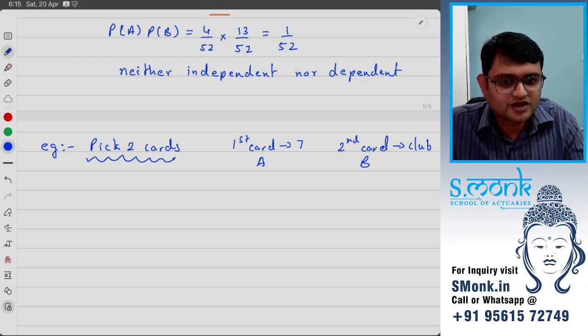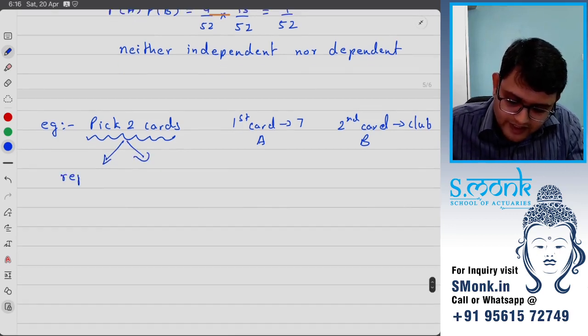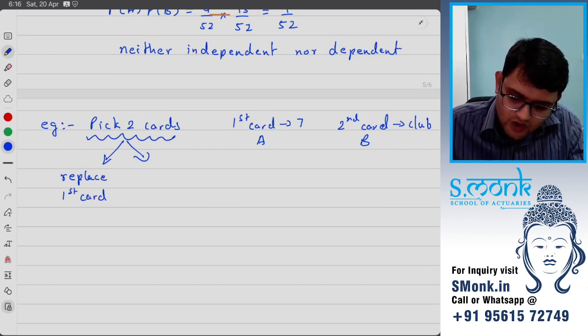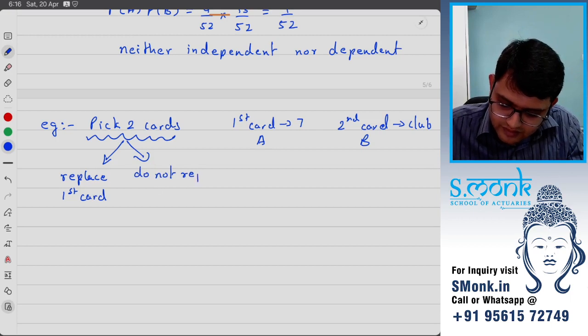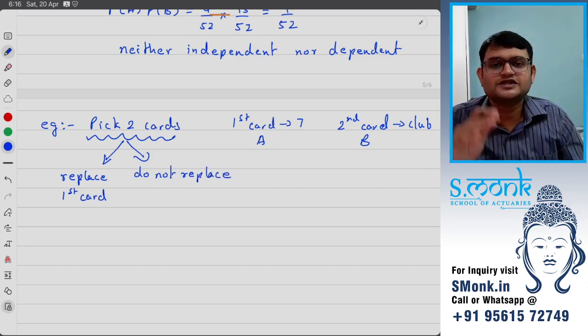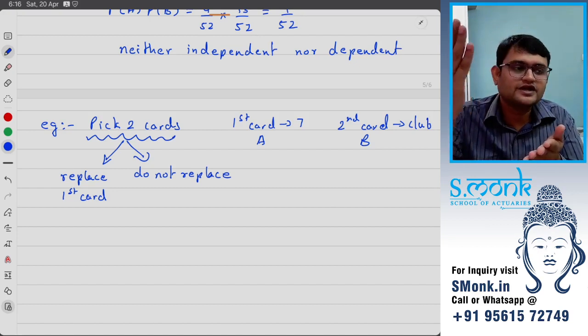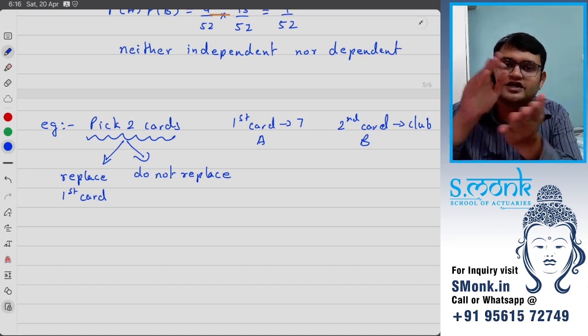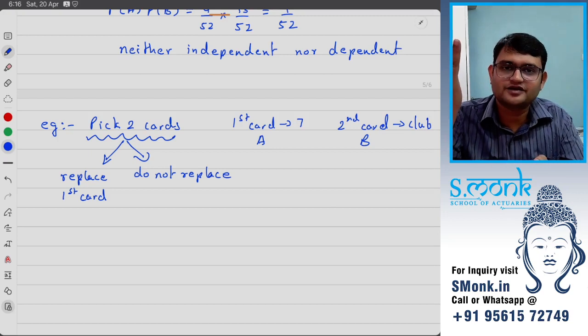Now there is something called replacement. There are two ways we can pick this card: whether we replace the first card or whether we do not replace the first card. What does that mean? I picked randomly a first card, saw what that card is, put it back in the deck and reshuffled it. That will be called replaced, and then I pick the second card.